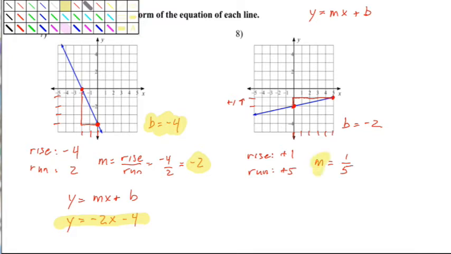Now we have our slope value, our m, we have our b value, and we can just drop those into our general equation. I'll rewrite that, y equals mx plus b, and this means that y is equal to 1/5 x minus 2.